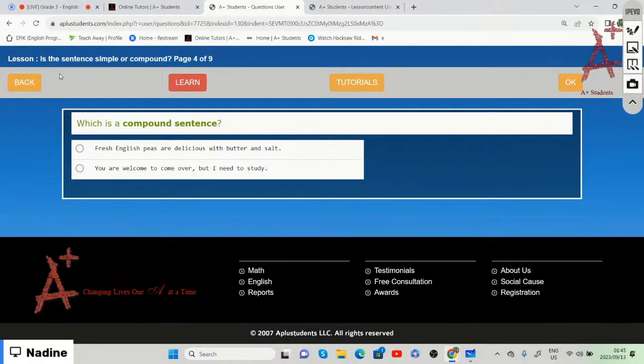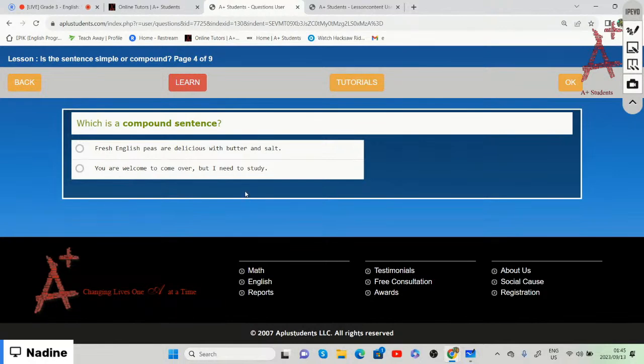And then the last one, which is a compound sentence. Fresh English peas are delicious with butter and salt. Or is it you are welcome to come over, but I need to study? We need to say which one is a compound sentence.